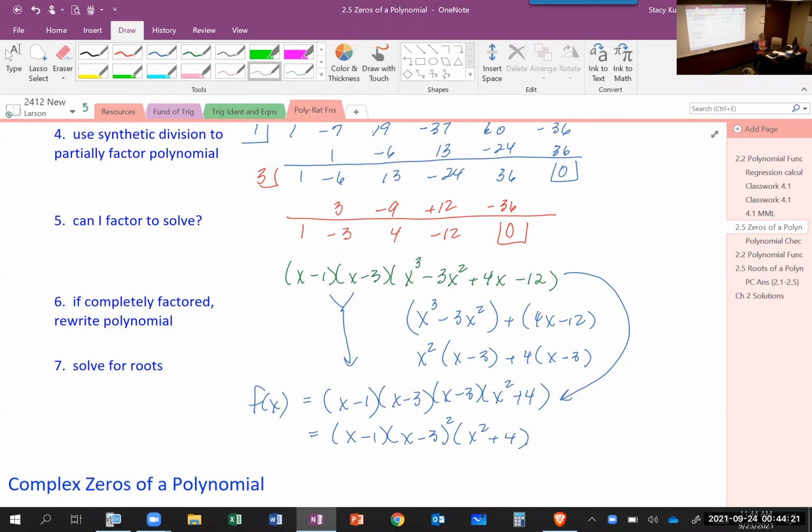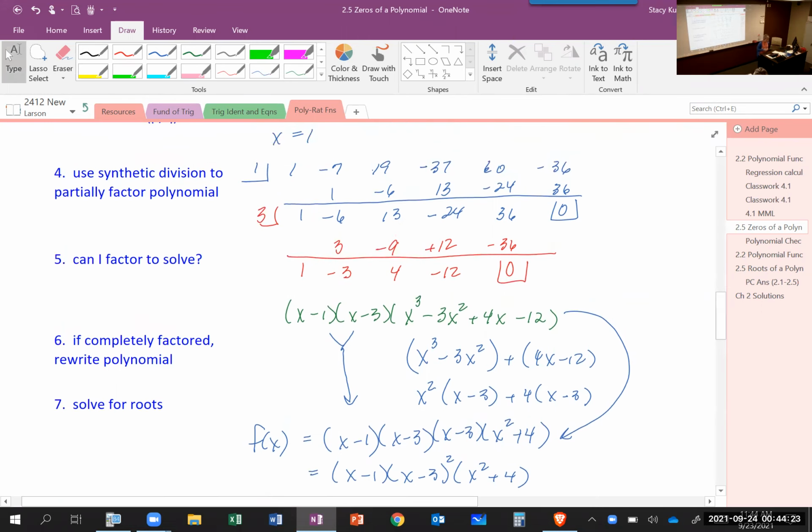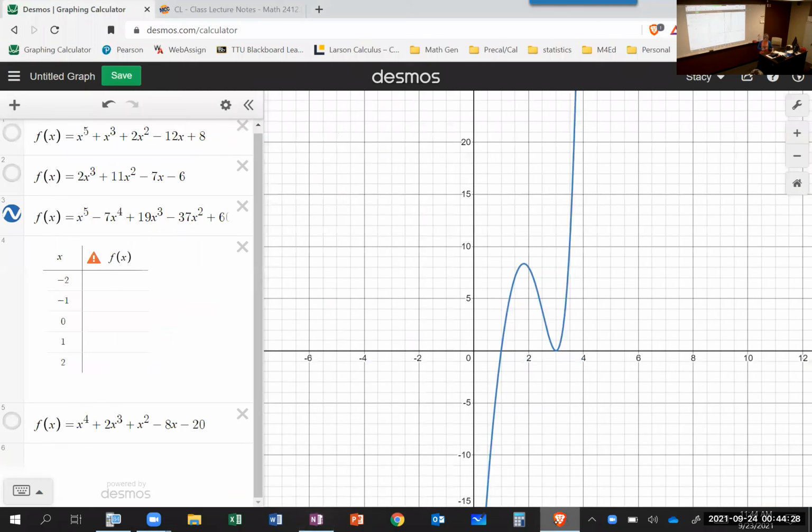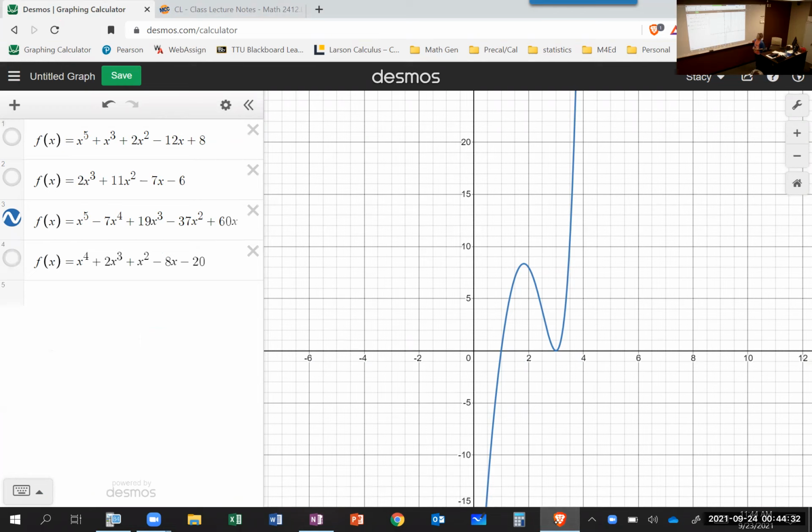A couple of things about this. Because you're using the graphing calculator to begin with, when you put the function into your graphing calculator and you use the table to find the roots, it's helpful to see what's happening at your root, to anticipate what's going to go on at that root. So I know that I've got something here that would be odd, and something here that would be even.